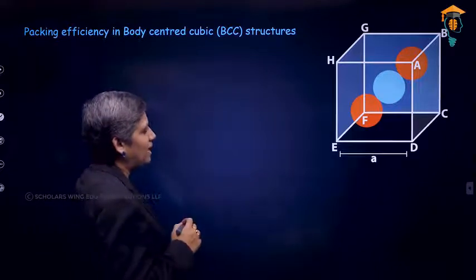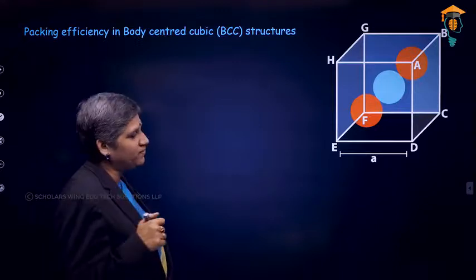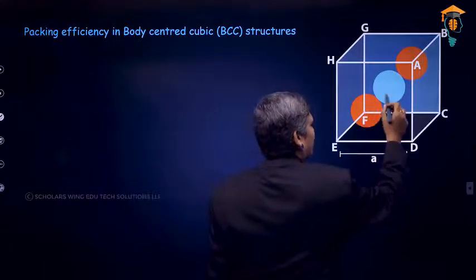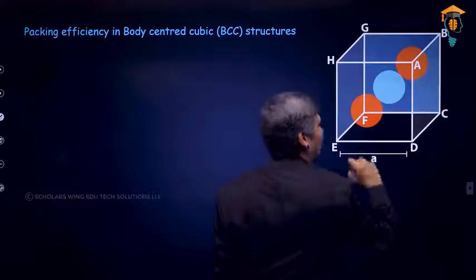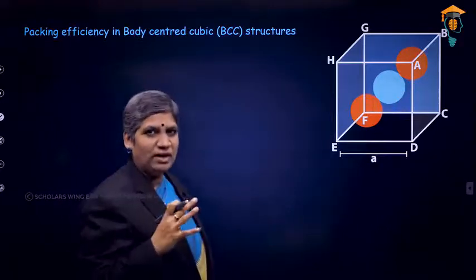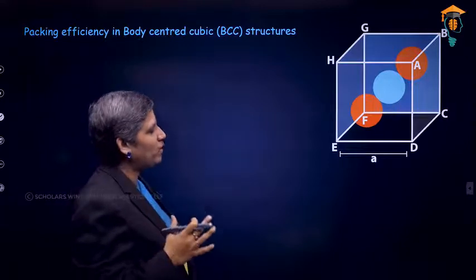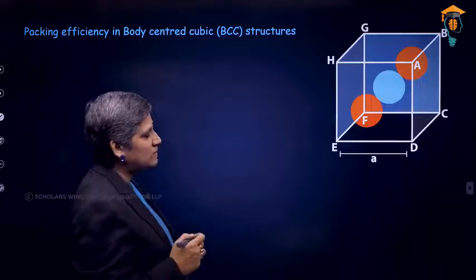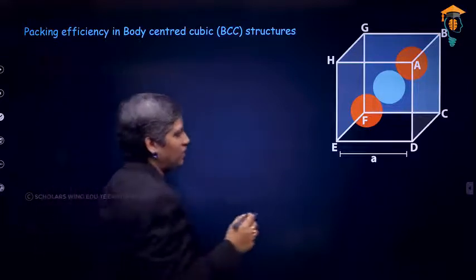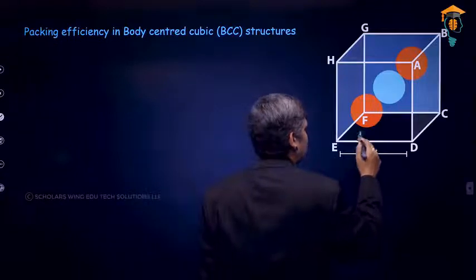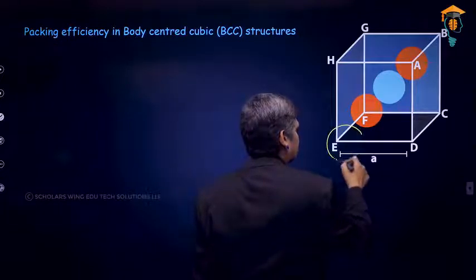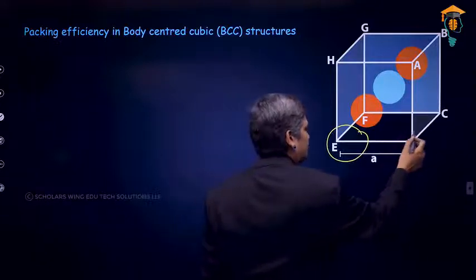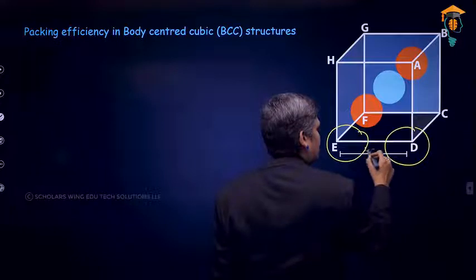So here we have highlighted only three spheres: two at the corners around this point F and A, and one, that blue sphere, in the center of the body of the unit cell. But you may be wondering, why am I not showing the other corner spheres? In fact, friends, in a BCC unit cell, even if you have two spheres like this at the corners, they don't touch.